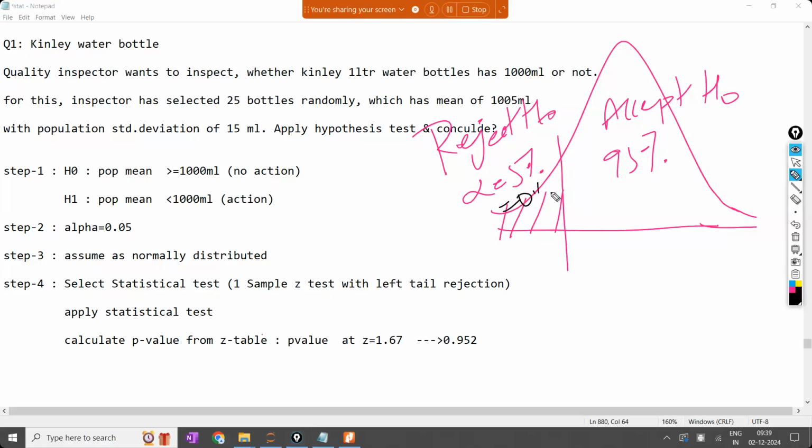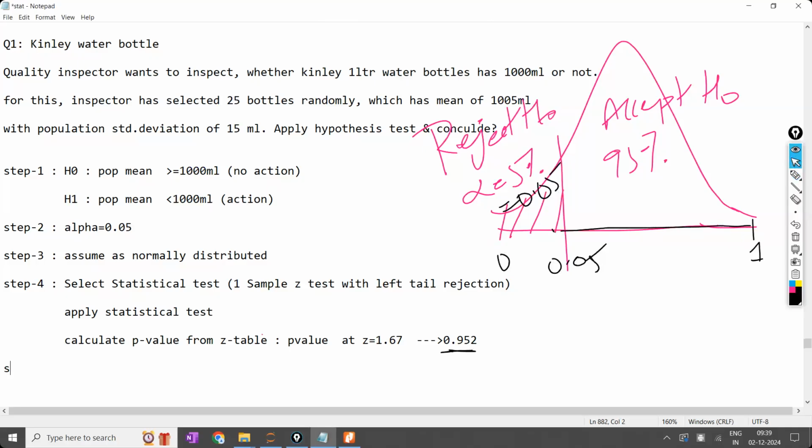What is the value wise? 0.05. So this is from 0 to 0.05. This is from 0.05 to 1. Now whatever value I have got, 0.95, will be in between 0 to 0.05 or 0.05 to 1? Here it is going to be in between 0.05 and 1. Whether it is in the acceptance area or rejection area? It is in the acceptance area.